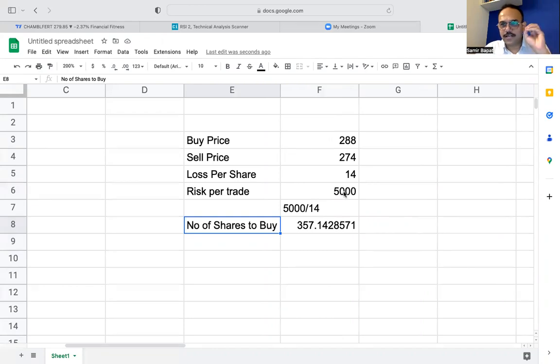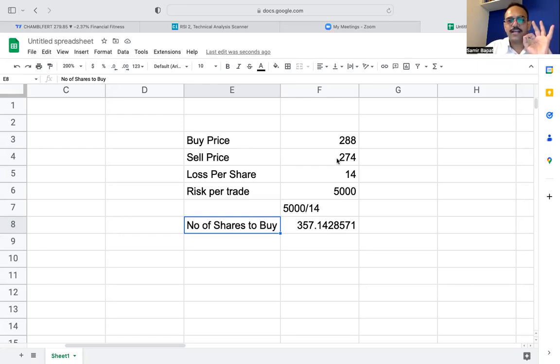You should be ready for the losses also, but we have to limit the losses. This is the whole crux of winning in the stock market. If you don't limit your losses, you will never be able to earn consistently. You should know how much you are ready to lose. You have to calculate this way.